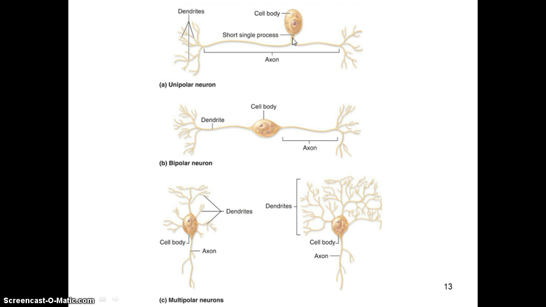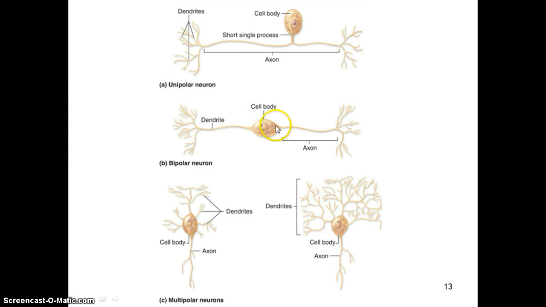We've talked about this before, but as a review, hopefully it's helpful. There's a long process extending from the dendrites directly into the axon. So this whole axon could actually be myelinated all the way to the axon terminals here, or telodendria. So that one process makes it a unipolar neuron. And unipolar neurons are characteristically sensory neurons for our general senses, which are touch, temperature, pain, and pressure.